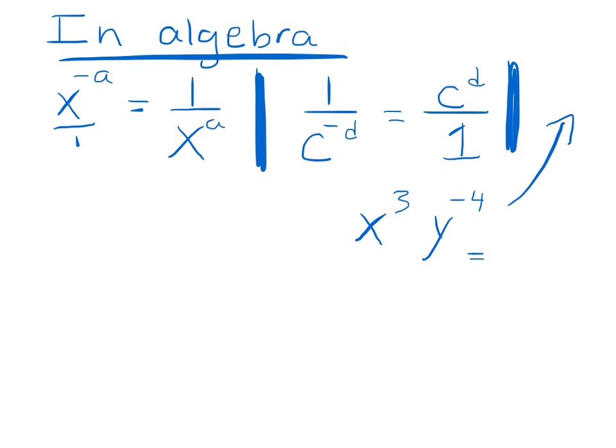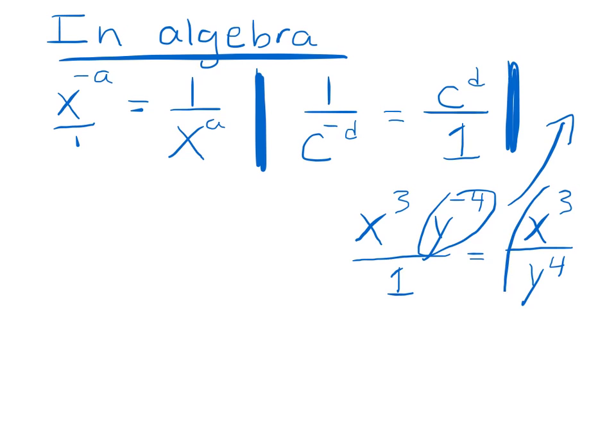And the answer is no. So that x, and you could have said, oh, again, anything we can write over 1. So this would be that x to the third stays in the numerator, right where it was, doesn't move. But what do we have to do with this y to the negative 4? How do we get rid of the negative exponent? Well, move it to the bottom. So it would be y to the 4th on bottom. Can't simplify it anymore. That's your answer.